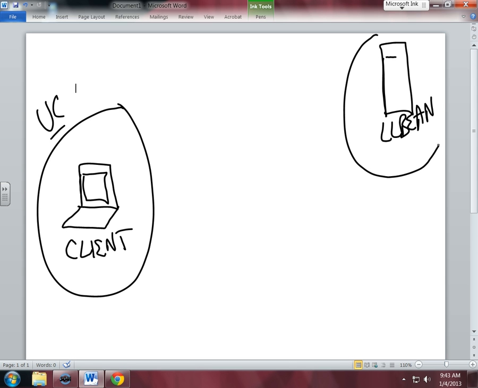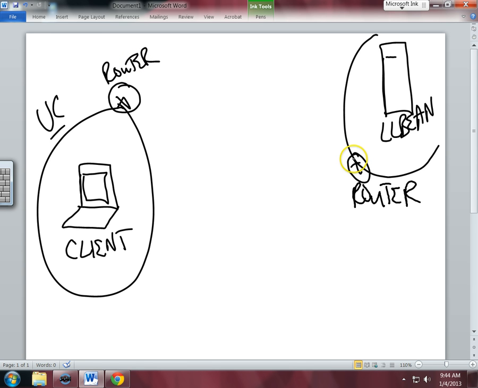They have on the edge of their network something called a router. Each of them will have a router. A router just looks like a box, but this is just a symbol for a router, a circle with an X in it.